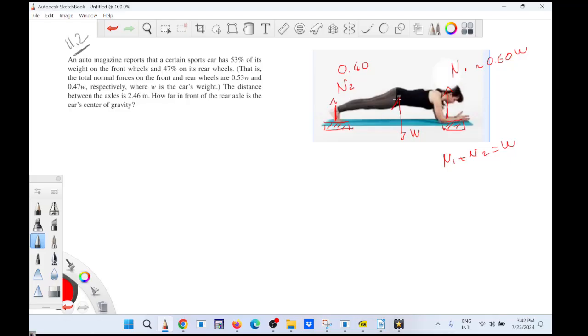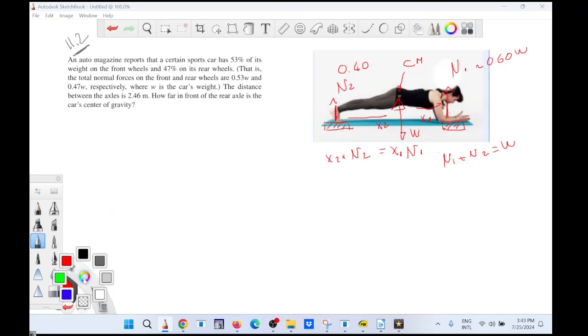So let's say if I take my axis of rotation here, that will be x2 and that will be x1. Then you're going to have x2 times N2 equals x1 times N1. And that actually is going to give you the distance here, which is the center of mass. So using that equation, you can find the center of mass.